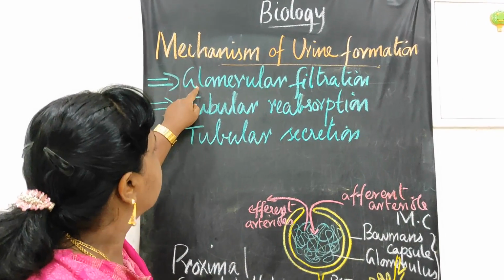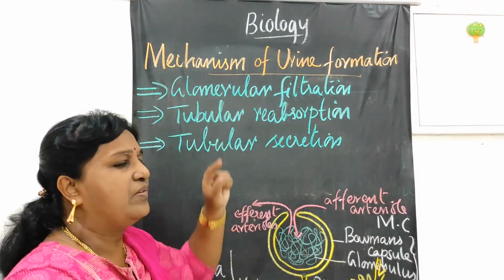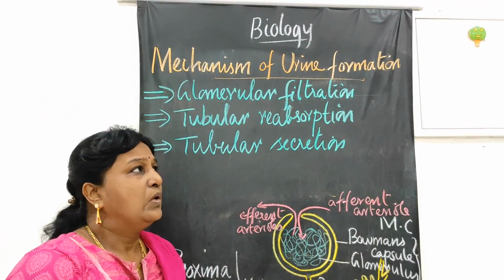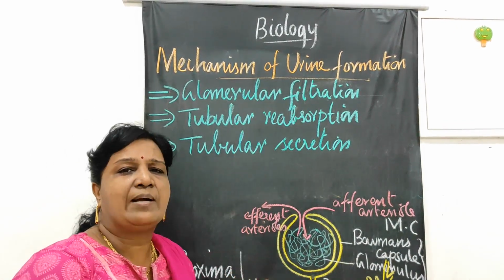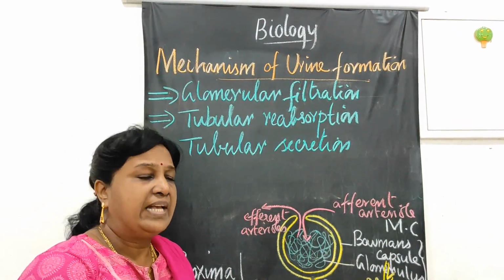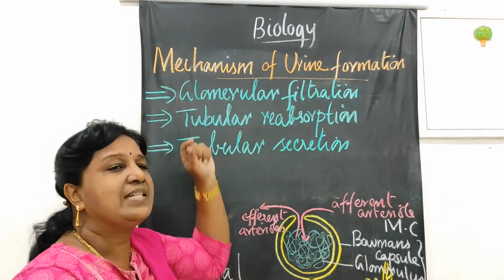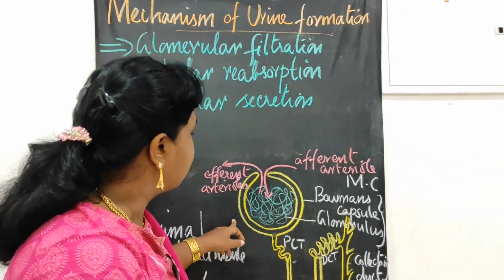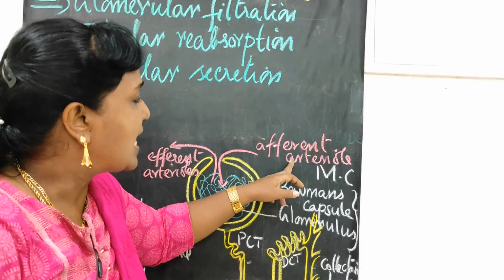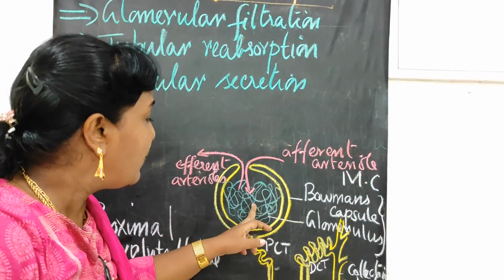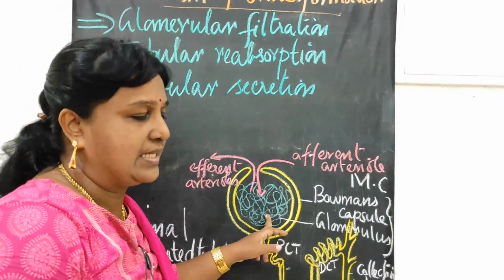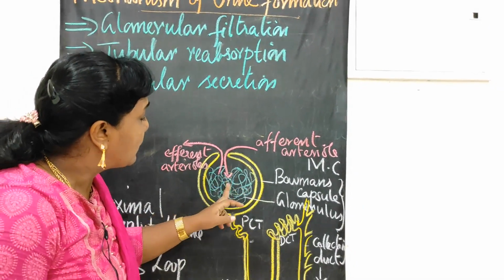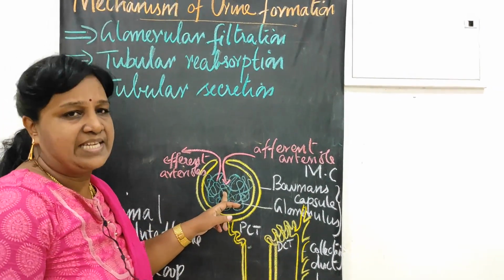So coming to the first, glomerular filtration. From the name, what are you coming to know? Filtration is taking place in the glomerulus. Okay, so see here, look at this diagram. The afferent arterioles are bringing the blood into the glomerulus, isn't it? So inside the glomerulus, filtration is taking place.